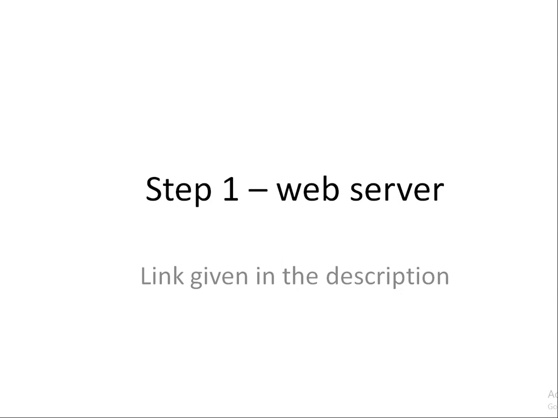In this session, we are going to see how the web server is linked with the HTML front end page. This is also a very simple application for the basic learners.